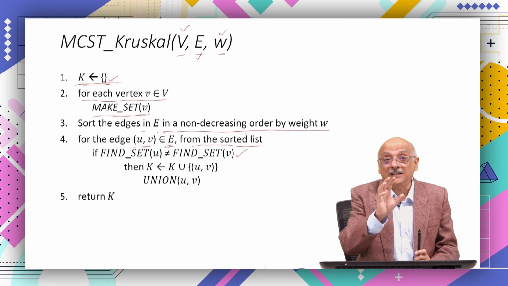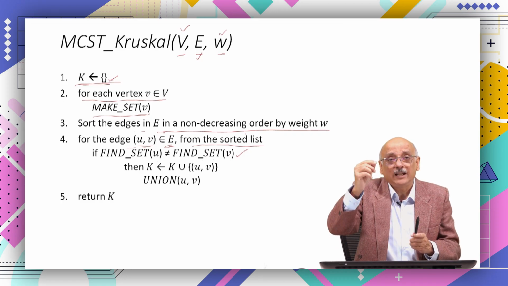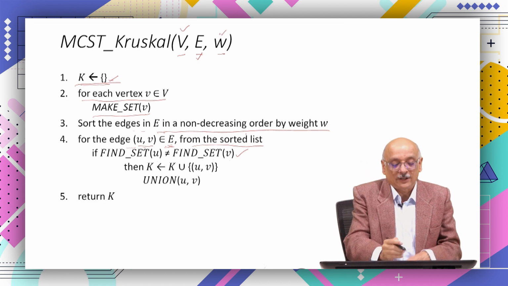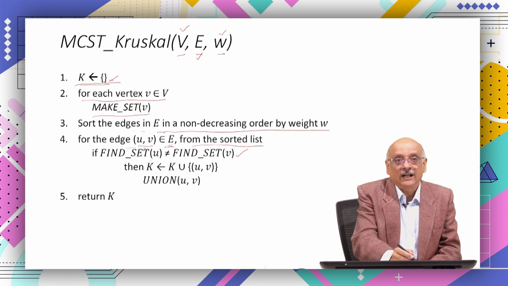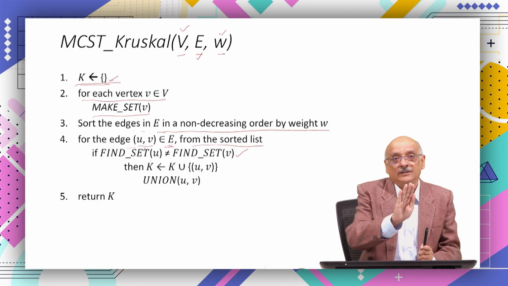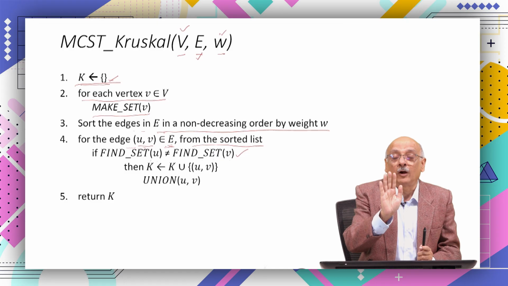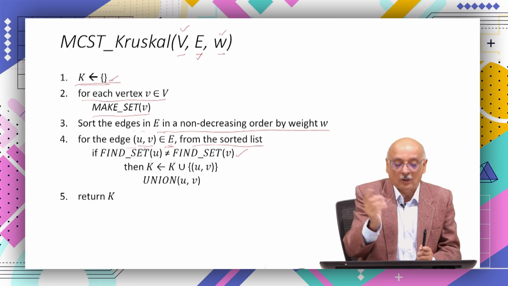So we are creating sets of vertices, which we initially started when every individual vertex is a set. Now we are just checking whether U as well as V, the starting vertex and ending vertex of the edge, are falling in the same set or not.